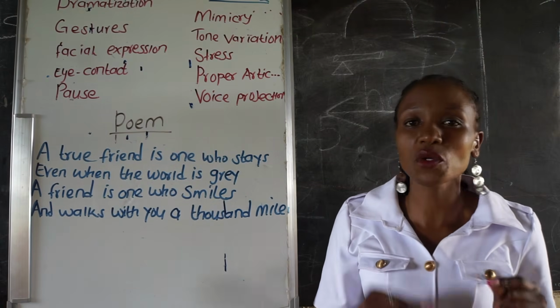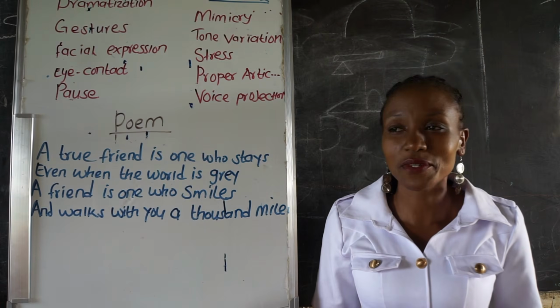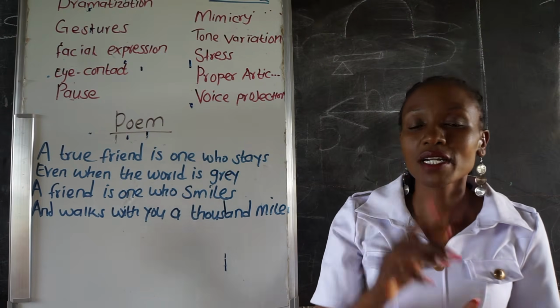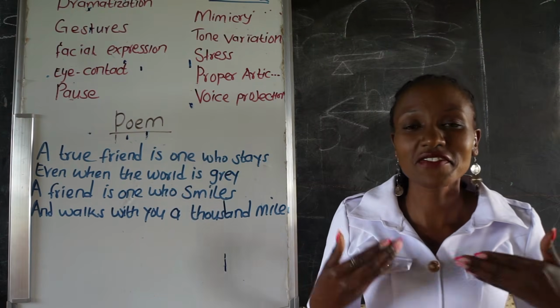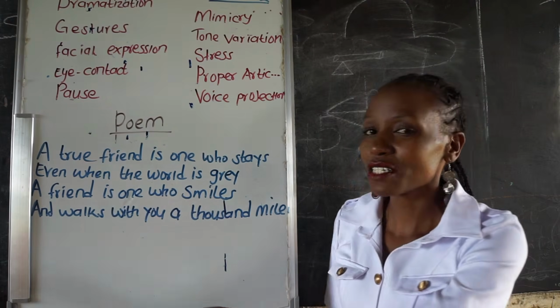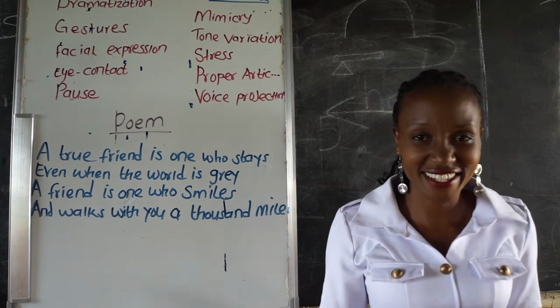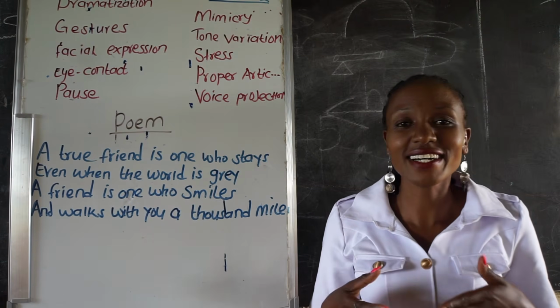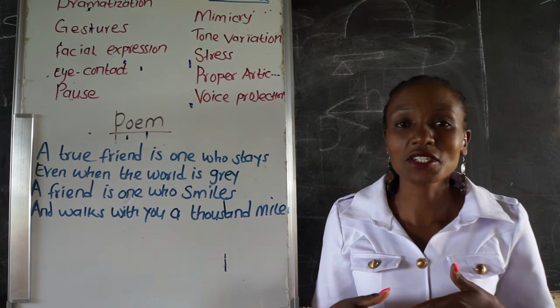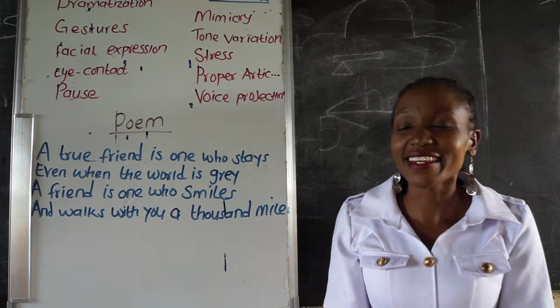Let's have a look at it again. Read it, pause your video, read it again, and then try before I give you the right response. You have number 1, appropriate facial expression. Which facial expression? For instance, a friend is one who smiles. When you're reading that line, you're not going to frown, you're going to smile.